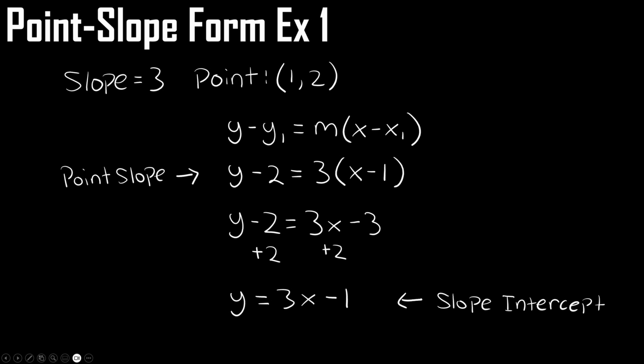Let's do another example. So let's say we're given a line with slope equal to -2 and a point at (-1, 4).